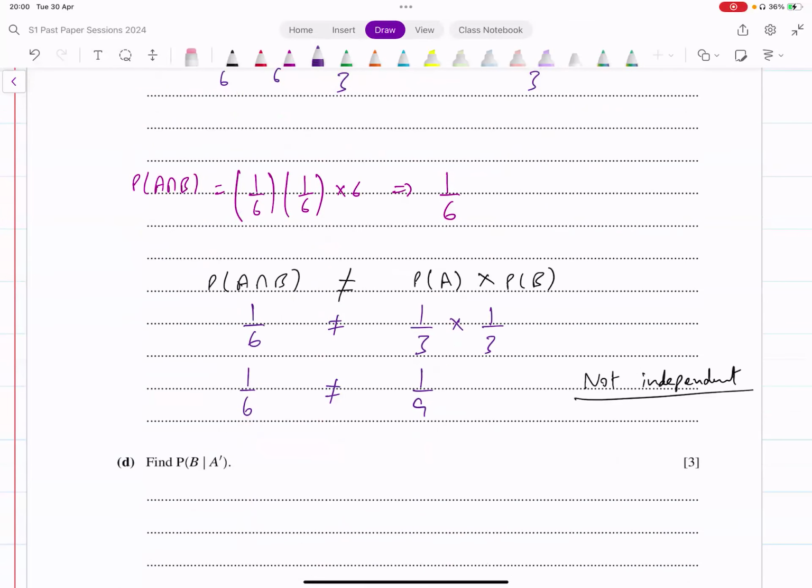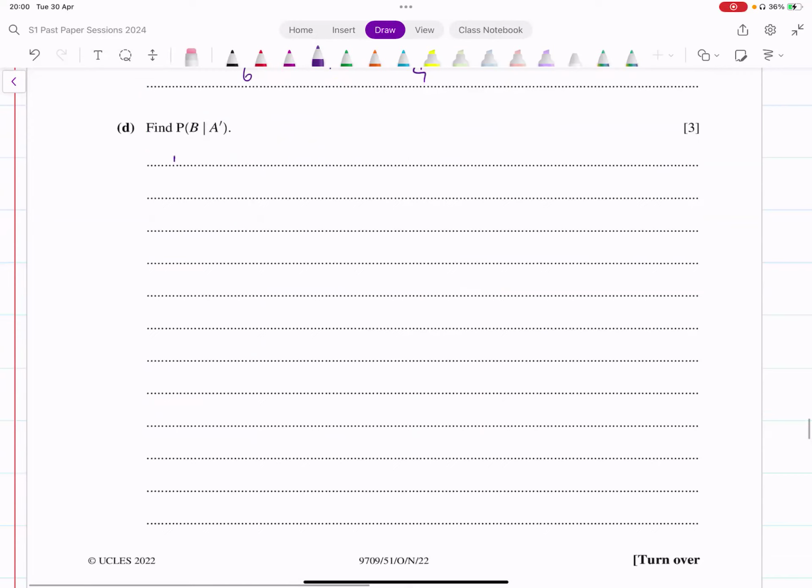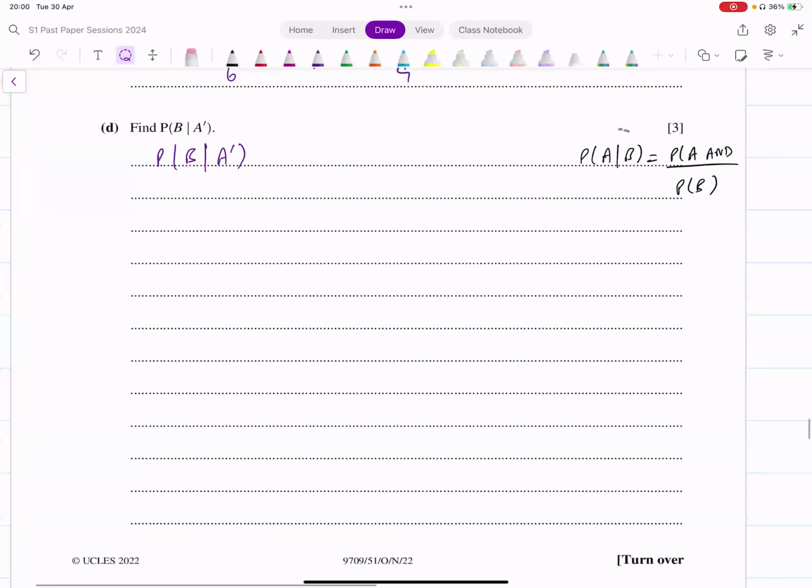Now it says find B given A complement. How do you understand this? Probability of B given A complement. Remember the formula for conditional probability? Probability of A given B is equal to the probability of A intersection B divided by the probability of B. Intersection means A and B both happening together, and in the denominator, you have what is given.